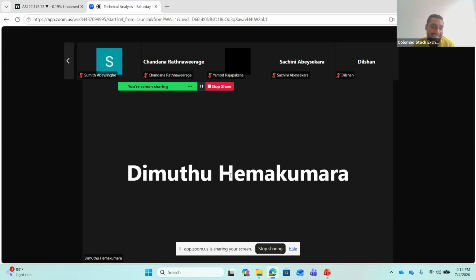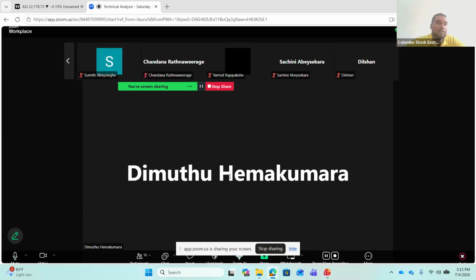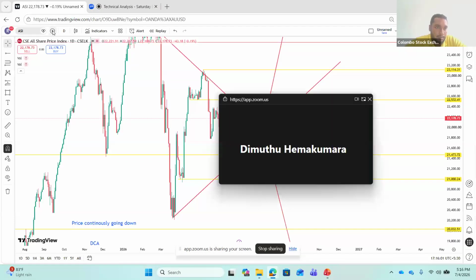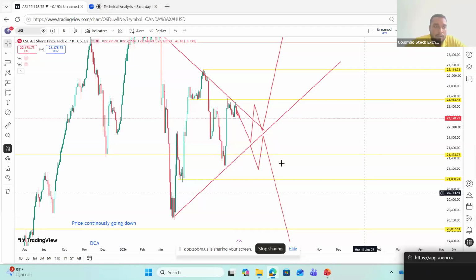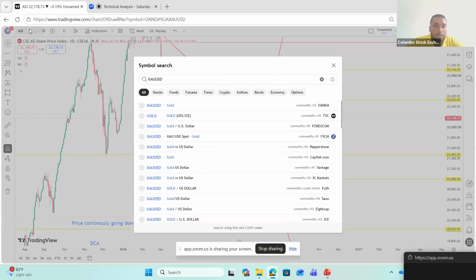This is exchange traded funds. In foreign countries, they have that. Here, what you can do is buy physical gold, or you can actually trade futures of gold. The gold ticker is XAU USD. This is actually gold spot, I think.